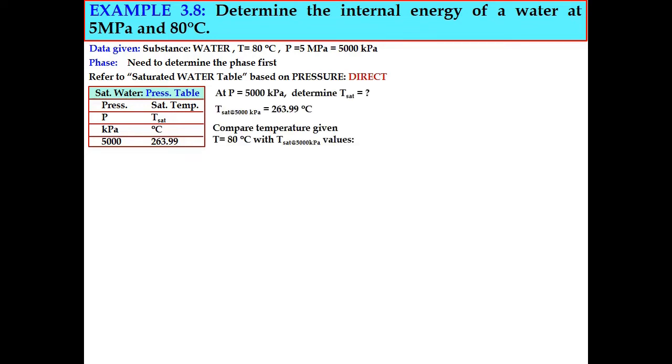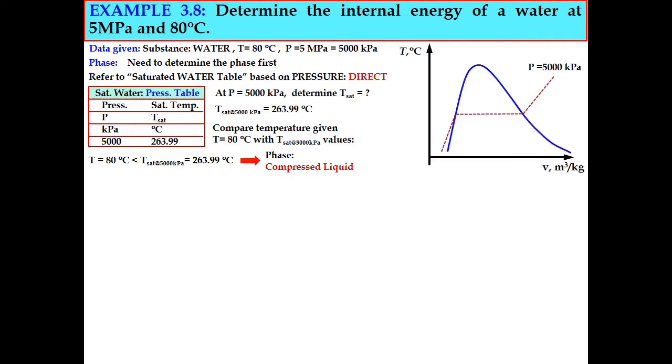So compare the temperature given with the value of T saturated at 5 megapascal or 5000 kilopascal. The temperature given is less than T saturated at 5 megapascal. So the phase is compressed liquid.